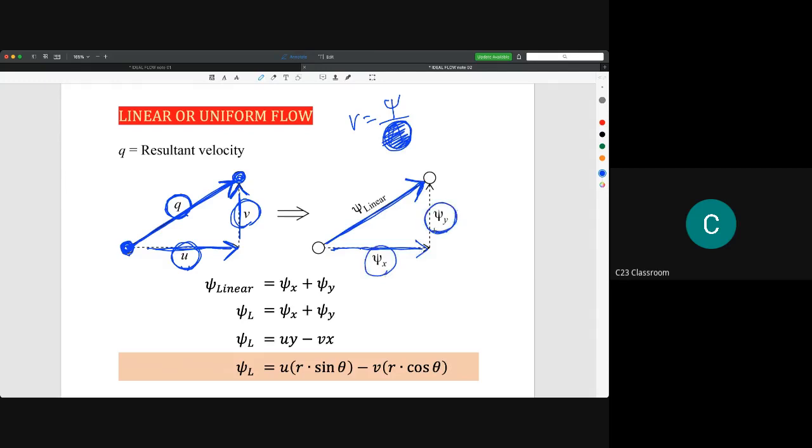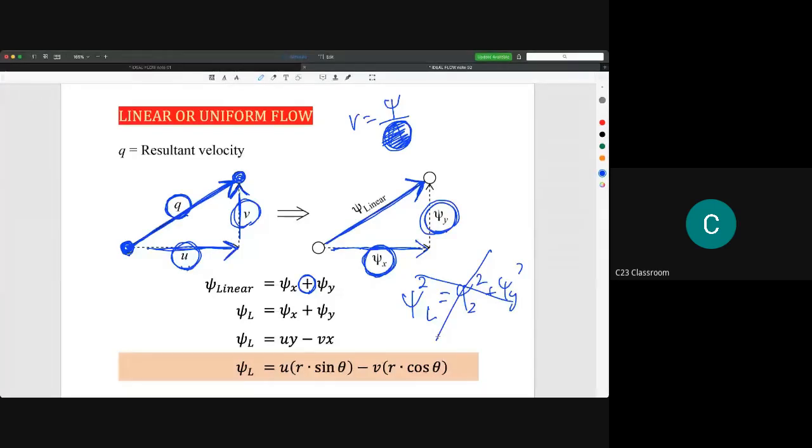For calculation of psi here, we need to use a plus. It is not psi linear squared equals psi x squared plus psi y squared, so we cannot use this. The reason is psi is a flow rate, and flow rate is not a vector.